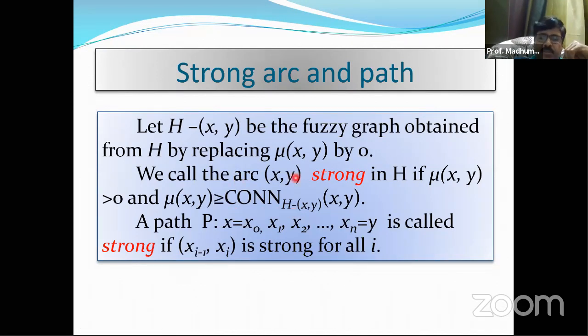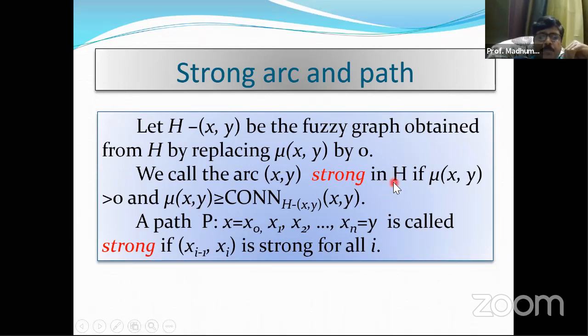So if the connectedness between the vertices x and y in the deleted subgraph is less than or equal to mu of xy, then we say that the arc xy is a strong arc in the graph H.